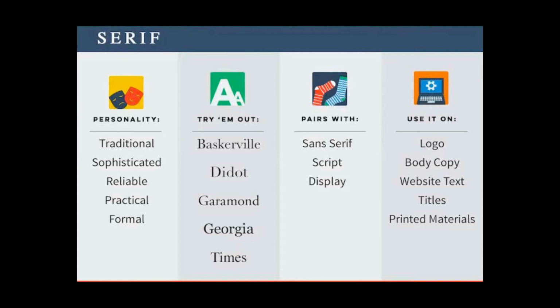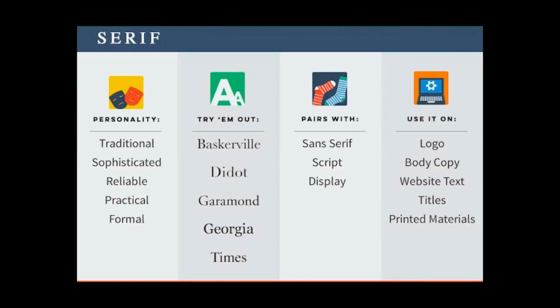There are a couple of samples on this slide itself, like Baskerville, Didot, Georgia and Times, which is very popular. You can try them out later, and you also have to make sure that whatever font family you're trying out in a particular design pairs well with another font which you're going to use in the same design.